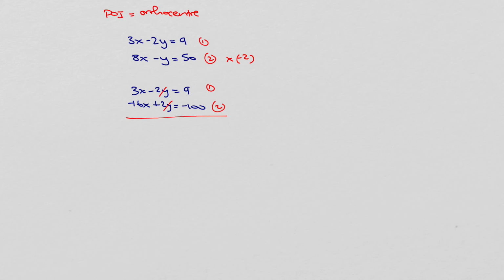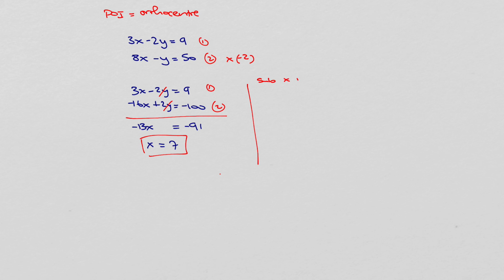So that allows me to cancel my y's, which leaves me with 3x minus 16x, which is minus 13x, and 9 minus 100, which is minus 91. Dividing both sides across by minus 13, that gives me x is equal to 7. So of course I have to get the coordinates of the orthocenter, so I must also find the y value.